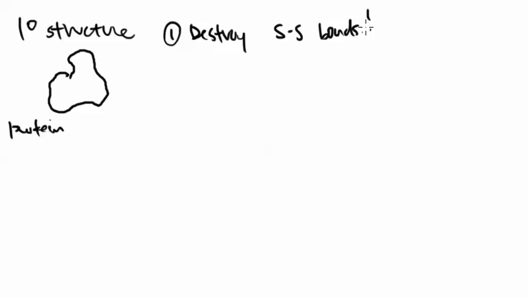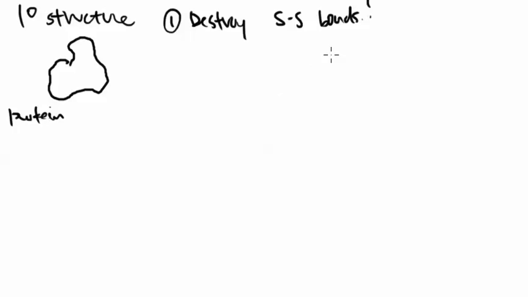So the very first thing we have to do is get rid of those. And we do that by using a reagent, and the reagent here is 2-mercaptoethanol. Once we use 2-mercaptoethanol, we basically destroy those disulfide bonds and convert them back to SH bonds.